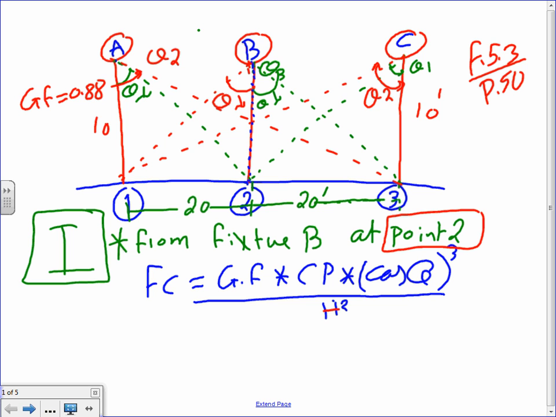And then, the way we handle a problem, now remember, Aaron, I'm not going to draw this for you tomorrow. It's going to be described. So when it describes 3 fixtures at 3 points, I expect you guys to draw this, right? And draw exactly what I'm doing and the contribution for each one of them. Can I have thumbs up, Chad? Yes, you're just going to give us the 10 feet to 20 feet.